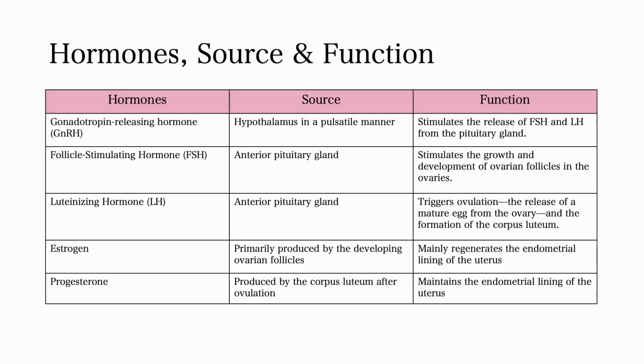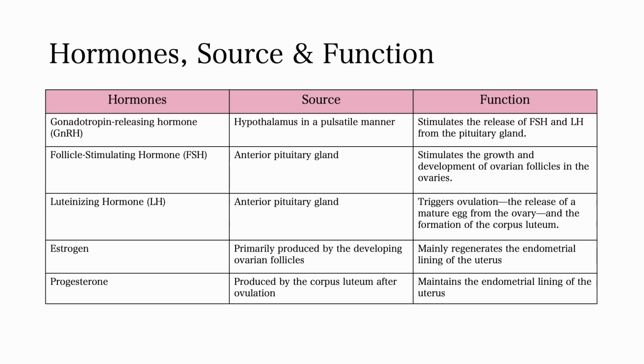Let's specifically learn about the source and the function of each hormone. The gonadotropin-releasing hormone is released by the hypothalamus in a pulsatile manner. It functions to stimulate the release of FSH and LH from the pituitary gland. Follicular-stimulating hormone, abbreviated as FSH, is released from the anterior pituitary gland.